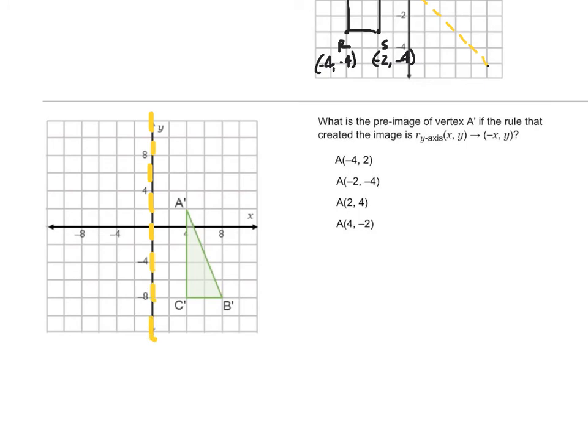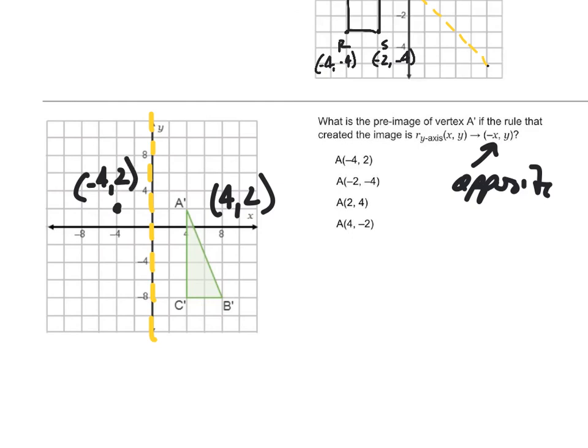And if the point A prime is the point 4, 2, then to go backwards and find A, we take the opposite x value. It's going to be over here, and this is going to be the point negative 4, positive 2. So all we did was switch our x value, and that's the original point A. You can also tell because it's 4 units away here, and 4 units away here from your line of reflection.